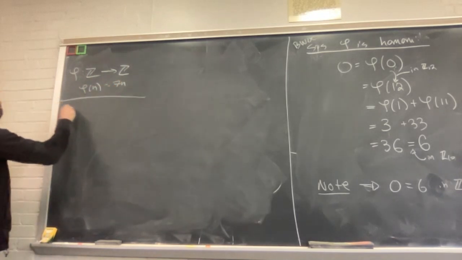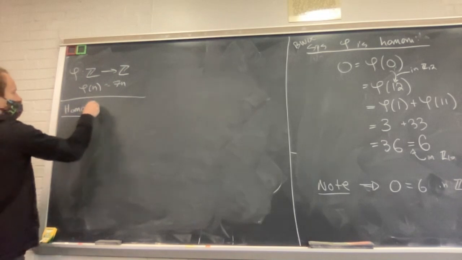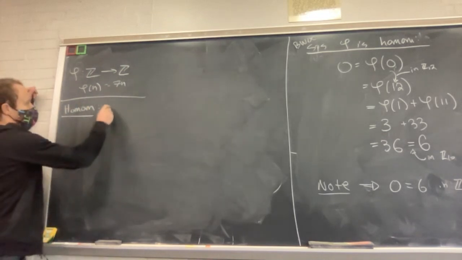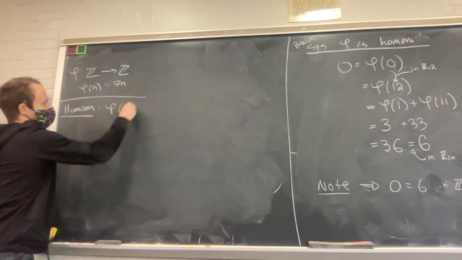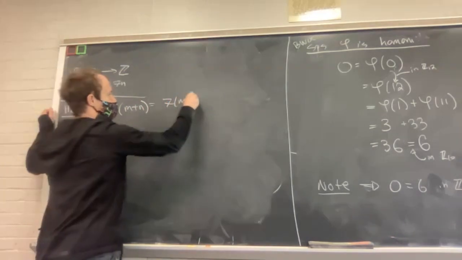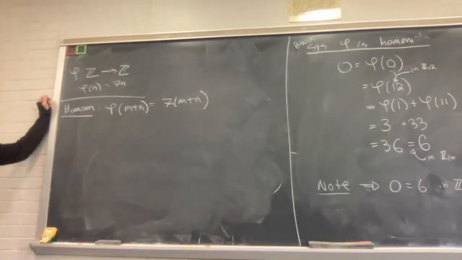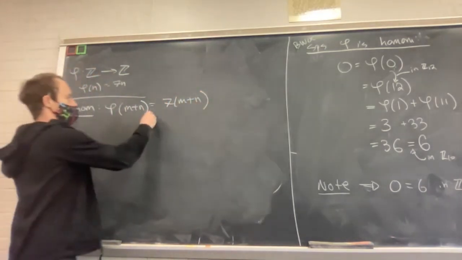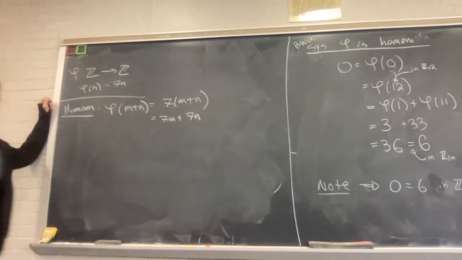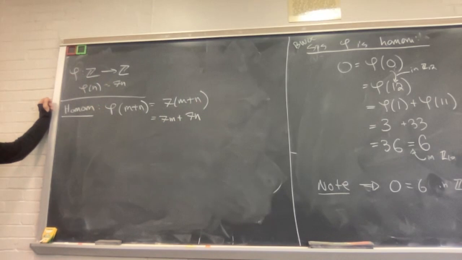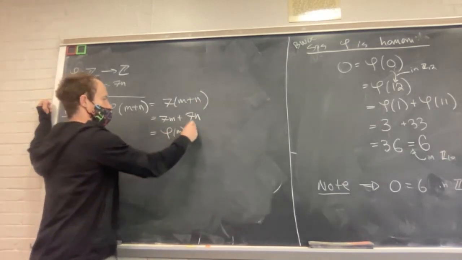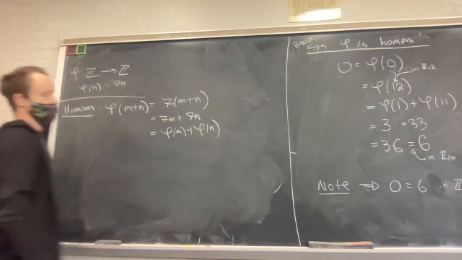Okay. So first we want to show that it's a homomorphism. Let's calculate phi of m plus n. That should be equal to 7 times m plus n. But that's equal to 7m plus 7n. But then that's equal to phi of m plus phi of n.